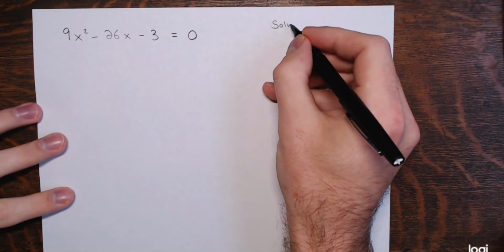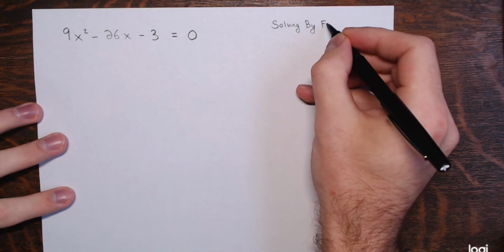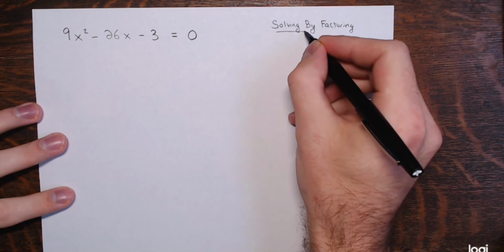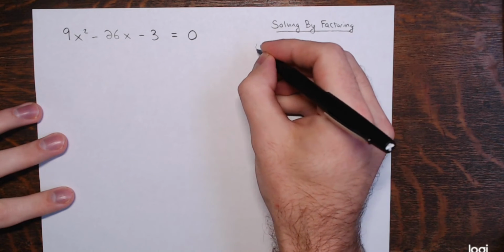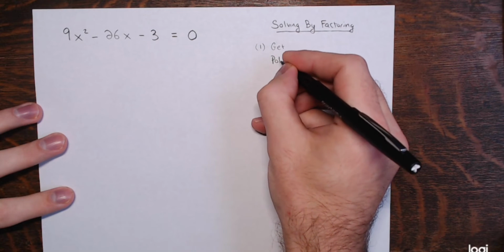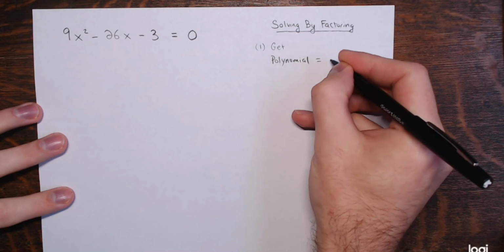Alright, so solving by factoring. I'll put some steps up over here. So the first step is to get basically everything on one side, your polynomial on one side and 0 on the other.